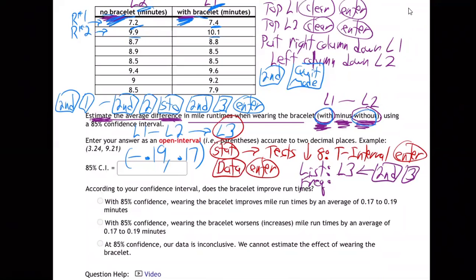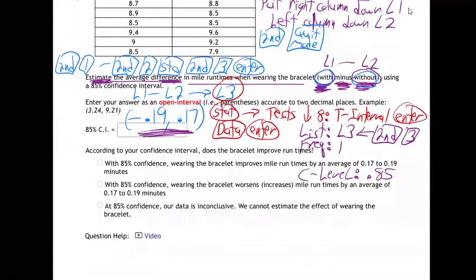Frequency is always 1. And the C-level for me on this one is 85%. So there we go. Calculate. And I get this interval right here, rounded to 2 places.